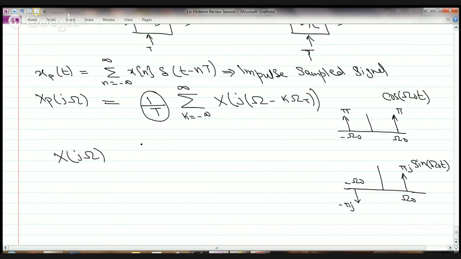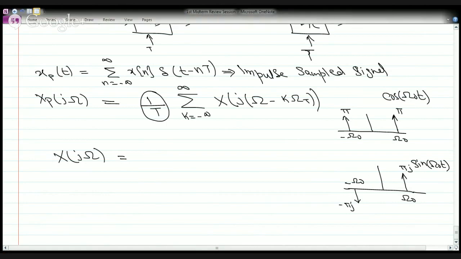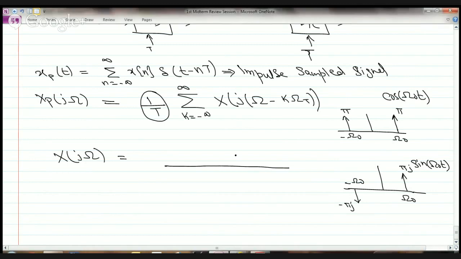Your input signal had 2 cosines with different magnitudes and 1 sine, and based upon that, you can figure out the Fourier transform of your input signal. So let me just go over that.